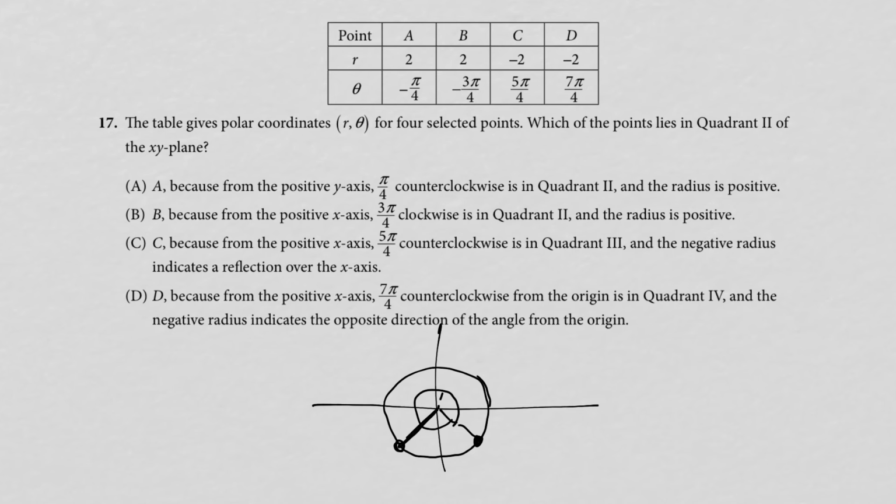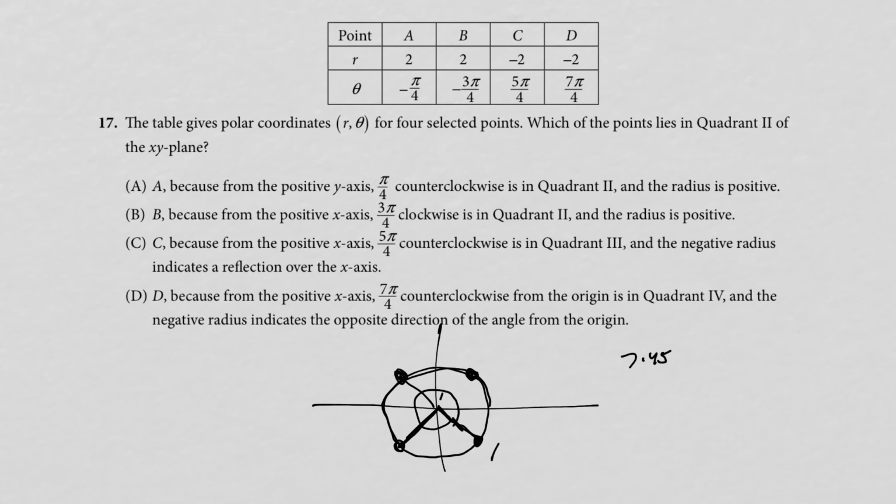This is 0, 180, 225. But it says negative 2, so it's a point over here. And 7 pi over 4 is 7 times 45, which is 315, which is in this direction. But it's negative, so it's back here.